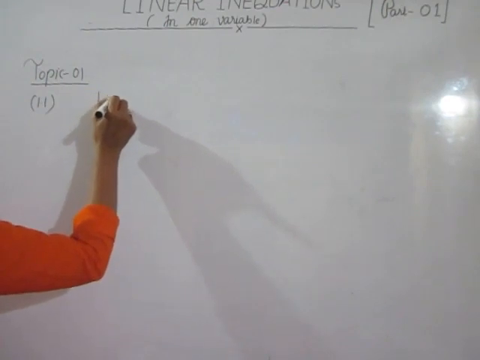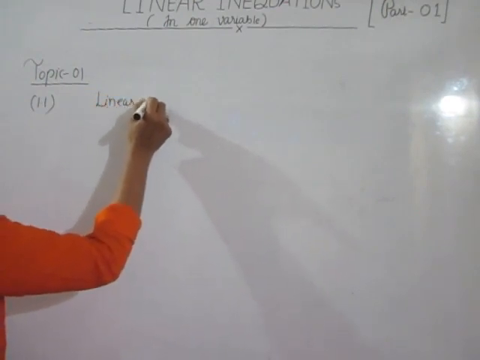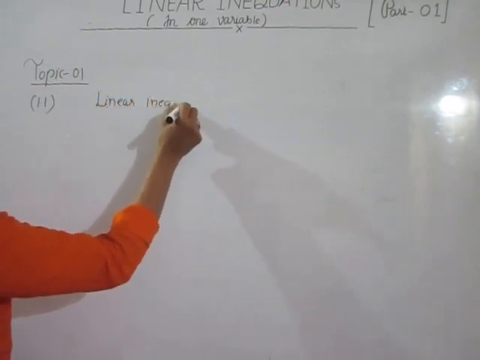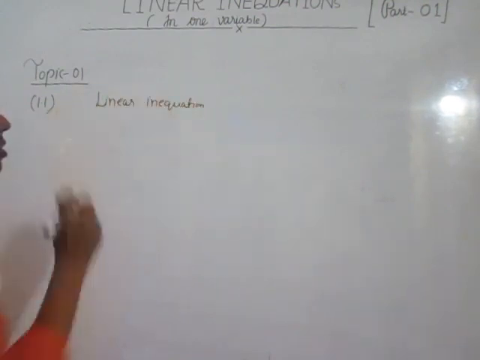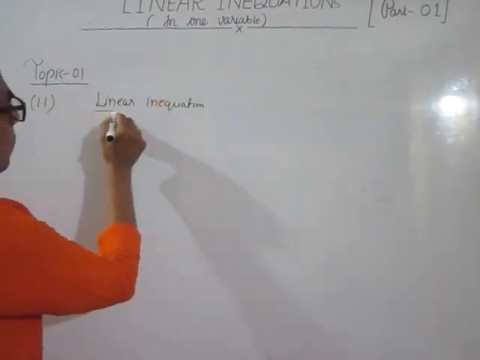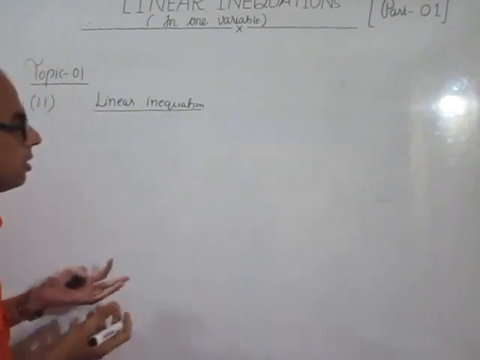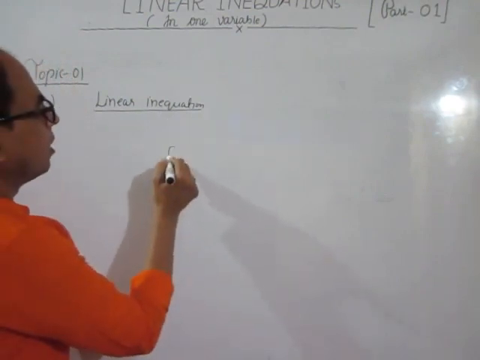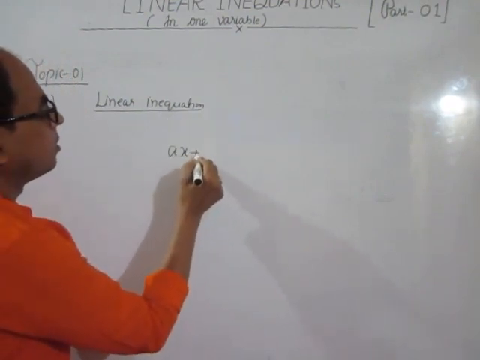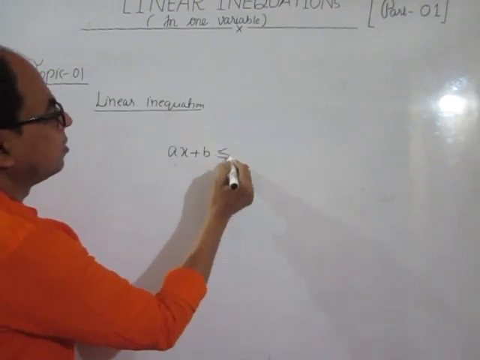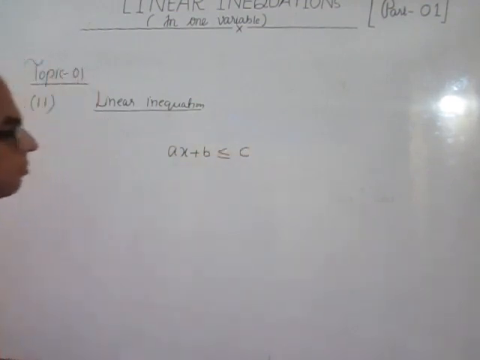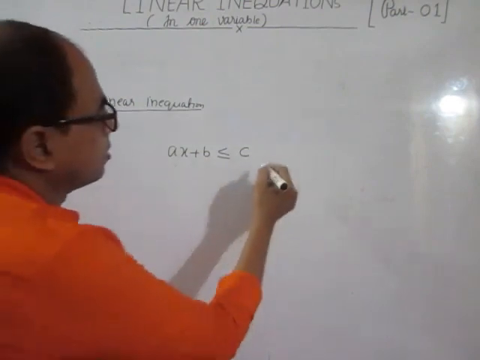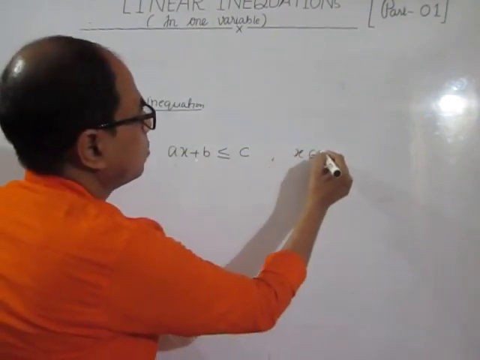Linear inequation. So let us consider a general linear inequation: ax plus b less than or equal to c, where x belongs to real numbers.